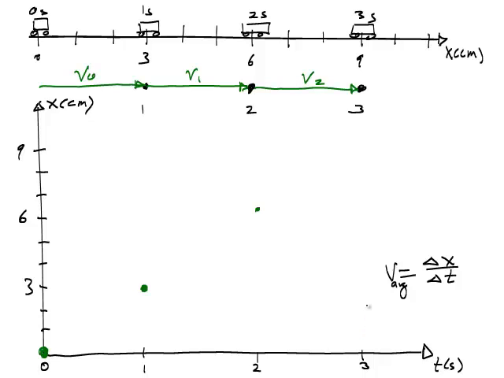And at 3 seconds, I'm at 9 centimeters, and that's approximately here. So now what I want to do is draw a line connecting these. And that is a graph that describes the motion of our robot.